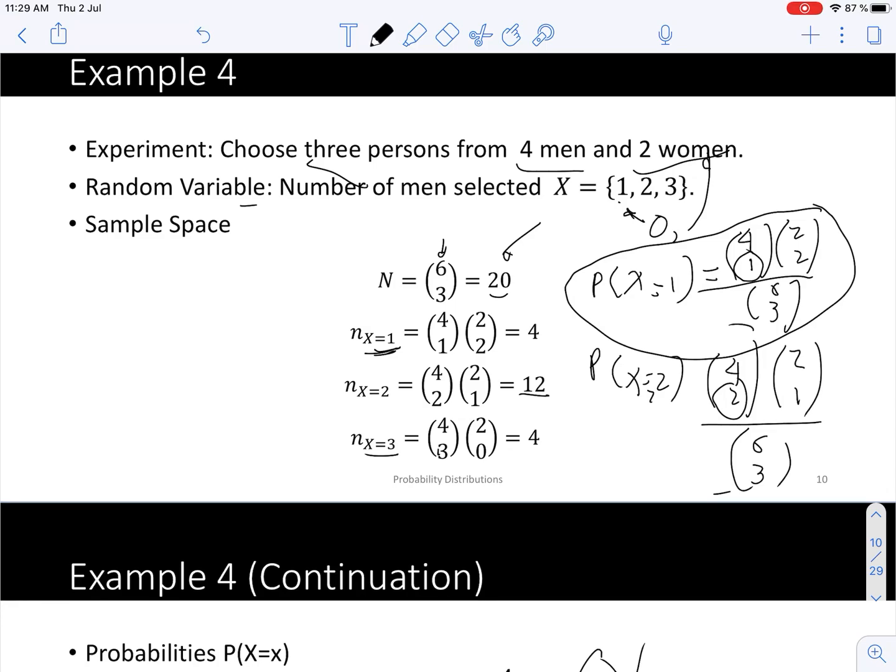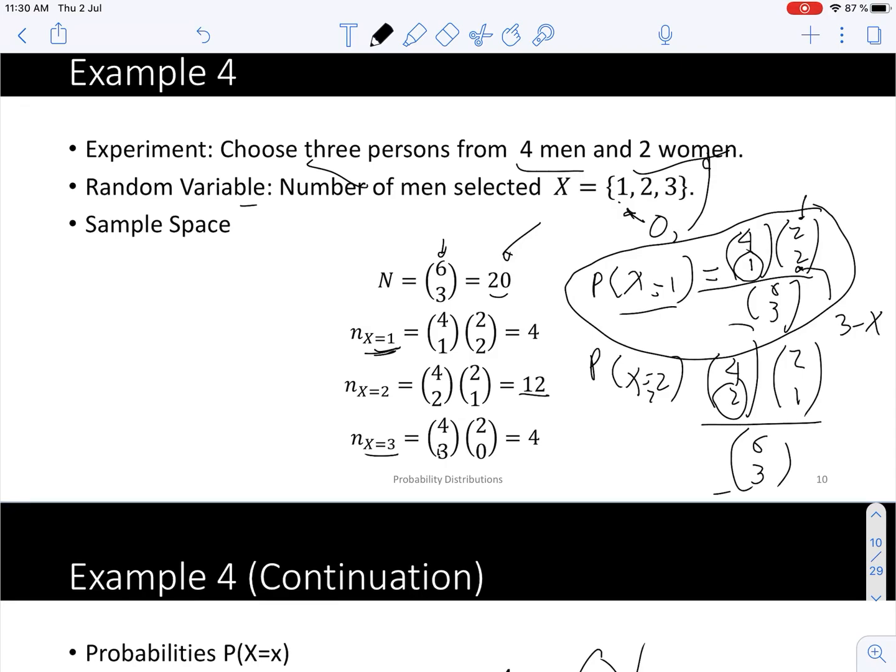So this is from 4 we take x if we want to make it general. Now, in the second combination, from 2 we take 2, and then from 2 we take 1, so it's decreasing. One way to generalize that is from 2 we take 3 minus x.